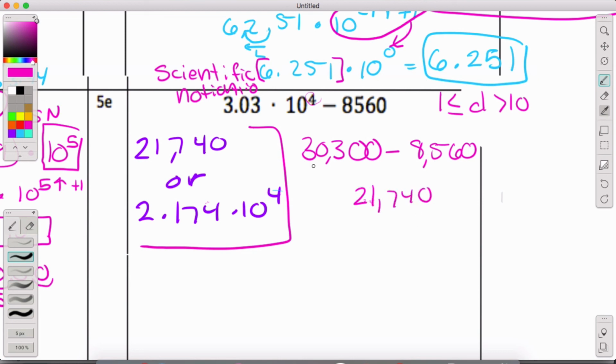21,740. And like I said, that was our standard form, or we can get really fancy and get a level 4 and put this into scientific notation and put 2.174 times 10 to the 4th power. And we get that 4th power by counting the 1, 2, 3, 4 decimal places.